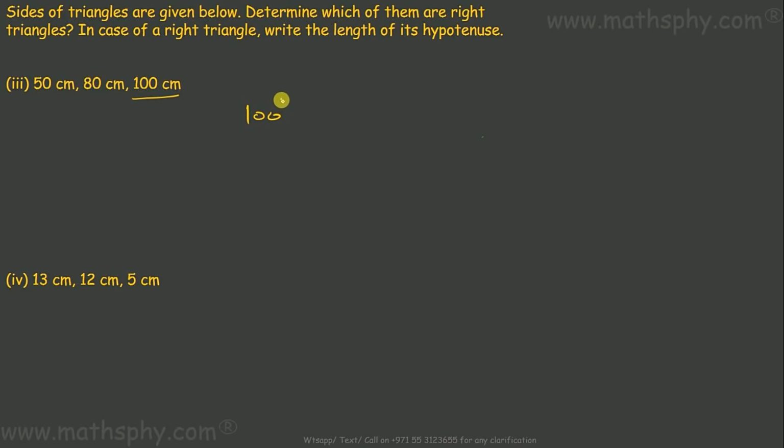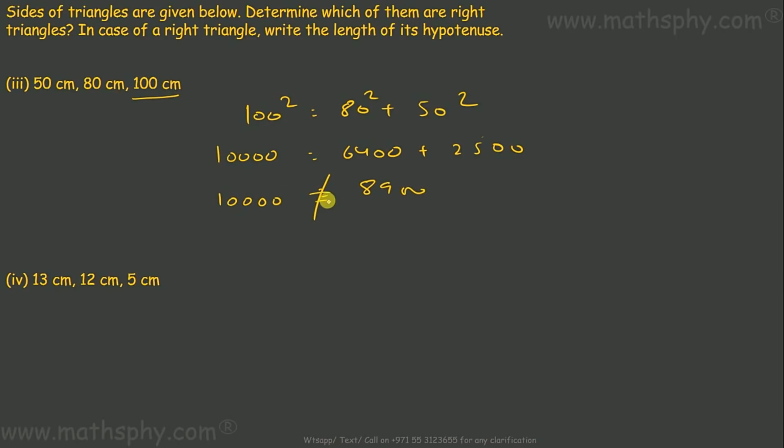This one here, longest side is this. So if 100 square is equal to 80 square plus 50 square, this will be a right triangle. Let's see. Not equal, so not right triangle.